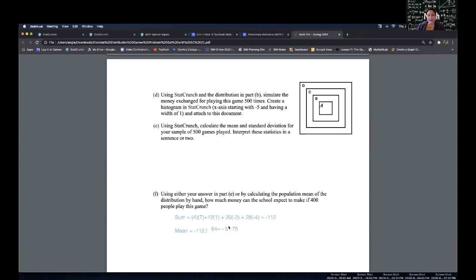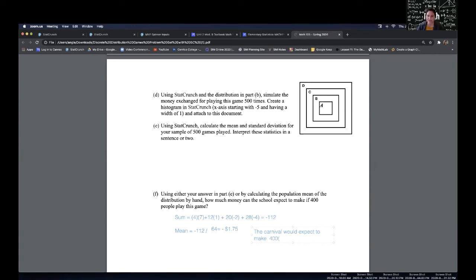But anyway, if they're expecting to make $1.75 off each person, and 400 people are going to play this game, how much money would they expect to make? What do you think? Anybody want to take a guess? 700. How'd you get that? 400 times $1.75. Nice.